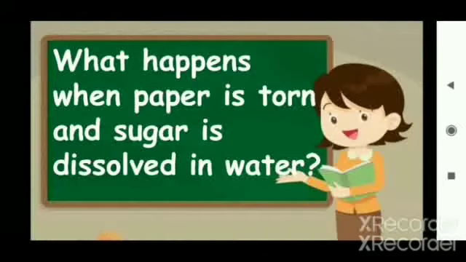Now come to the activity discussion part. Your question is, what happens when paper is torn and sugar is dissolved in water? Do you see any change in this process?